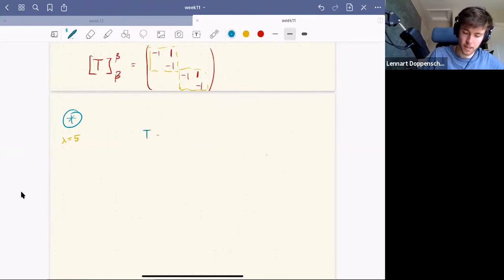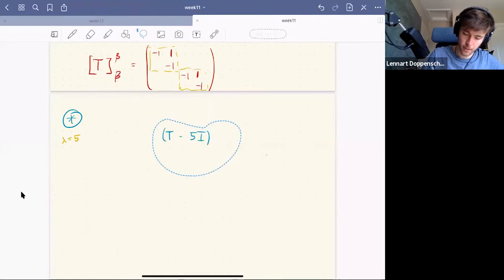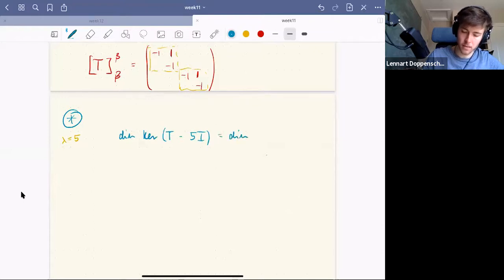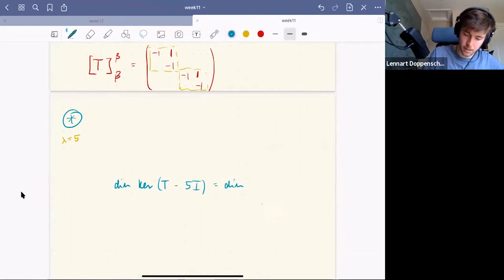So this means that T minus 5I restricted to, the dimension of the kernel of this is, let me start by saying, well, the multiplicity M5 is equal to 1.